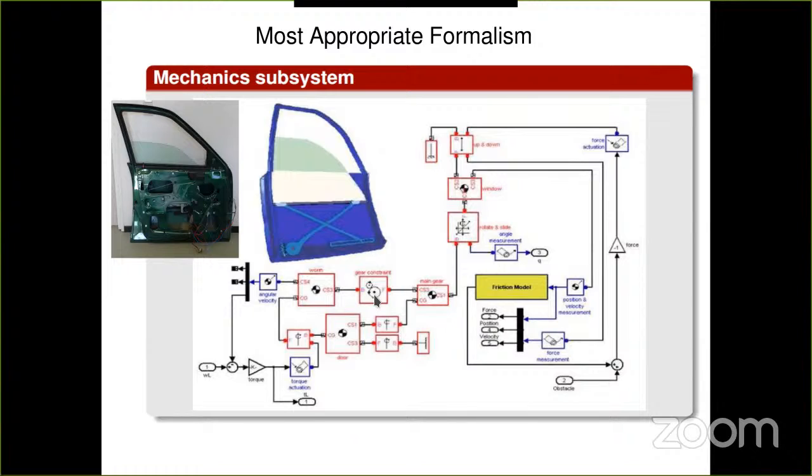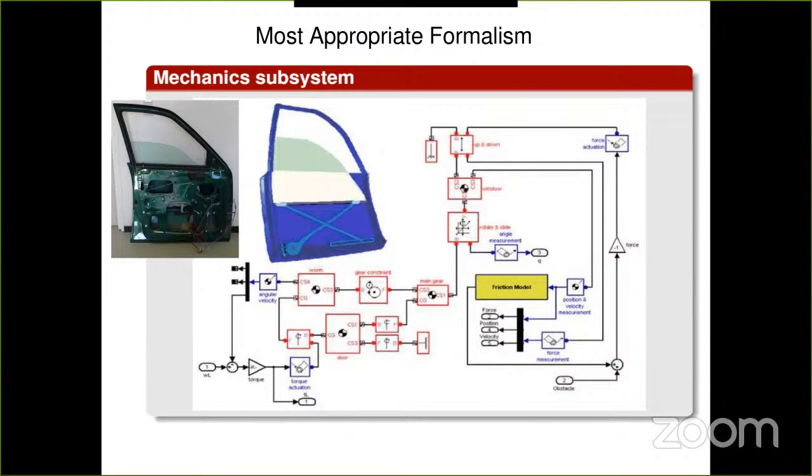For example, here, this looks a bit like gears. Some notation which mechanical engineers understand and which has, of course, each of these blocks has behind it the appropriate equations. And rather than writing down the equations right away, maybe it makes sense to describe it in a block diagram like this. Is this the most appropriate formalism? I don't know, but it is certainly an appropriate formalism which is used by mechanical engineers to describe the different mechanical components.